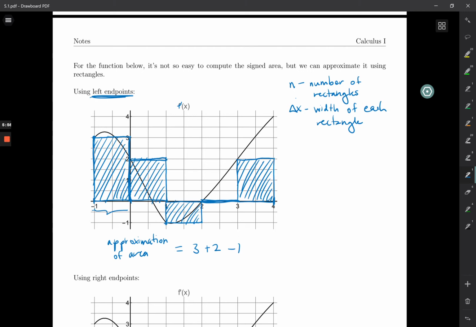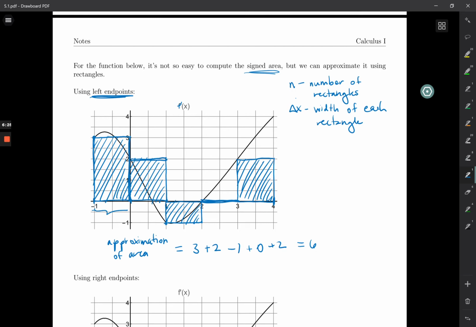Because we're computing the signed area, remember? The fourth rectangle has area 0. We'll just write +0 to remind ourselves of that. And then the last one has area 2. And so adding these all up, you will get 5. Is that right? Wait. Let me actually do this. 3, that's 7, so 6. Okay, so that is our approximation.